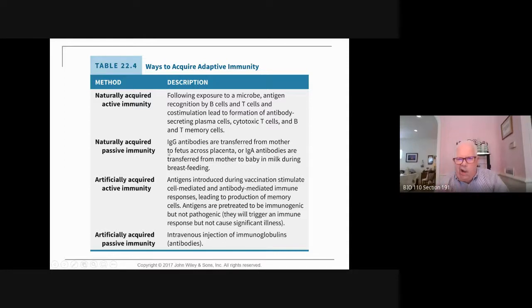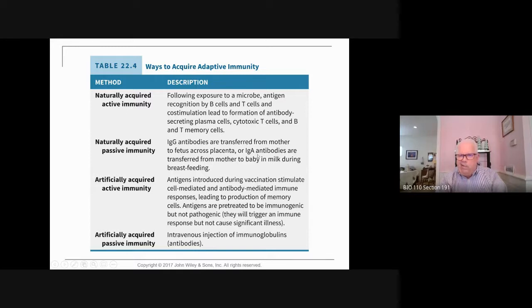This is what's transferred from mother to fetus. If the mother, while pregnant, has the measles, the baby will get antibodies towards the measles. It's also transferred in breast milk to the baby, okay?